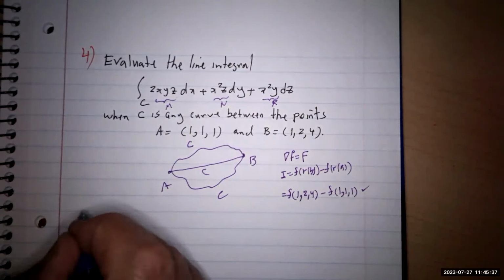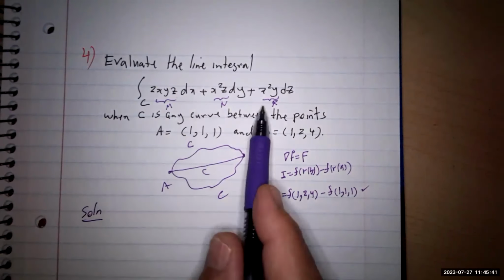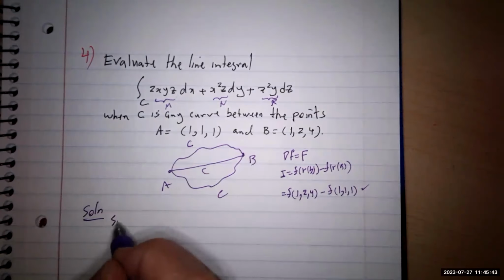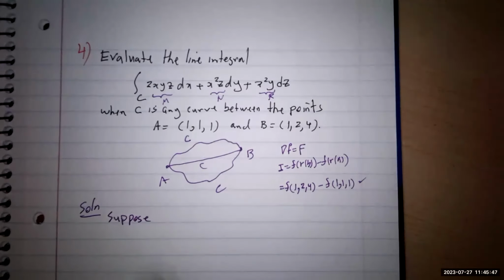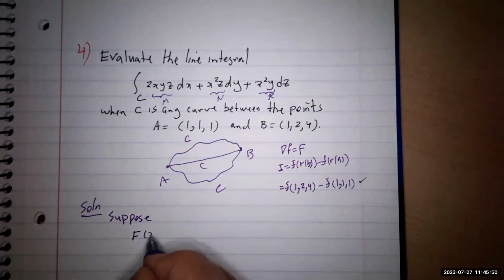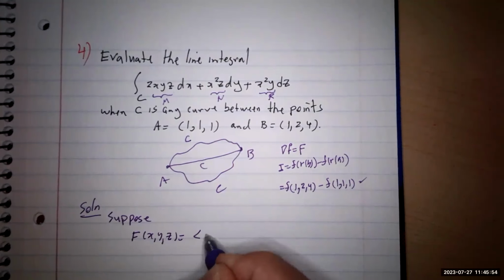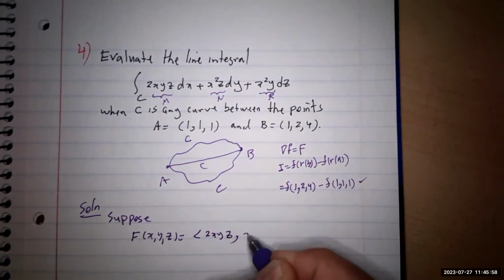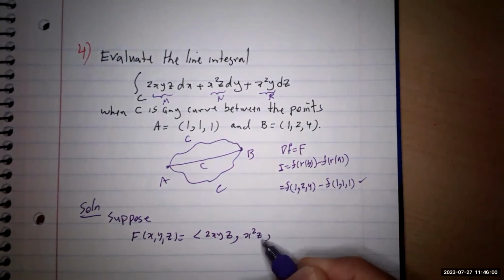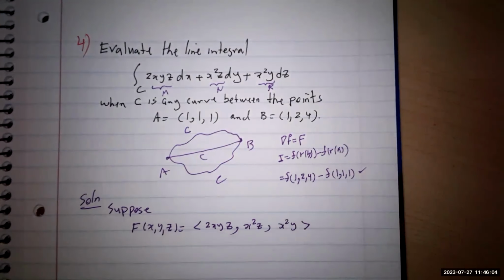Okay, so this is going to be the plan. The plan is clear. We are going to start by introducing the vector field. You pick those to be the components of your vector field. Suppose F of x, y, z has the first component 2xyz, the second one x squared z, and then x squared y. This is going to be your function.